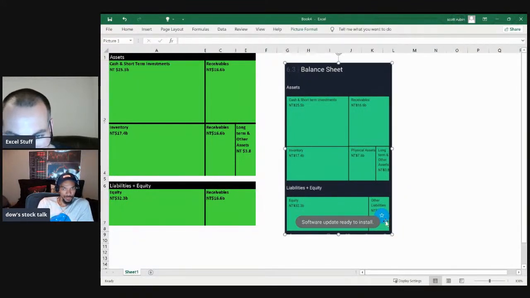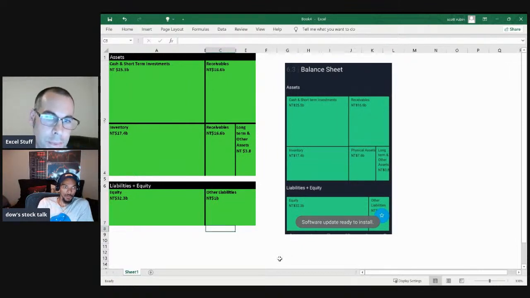I can't really see what that says. But yeah, you get the idea. And then you can manually change the sizes. That's how you do it the easy way.